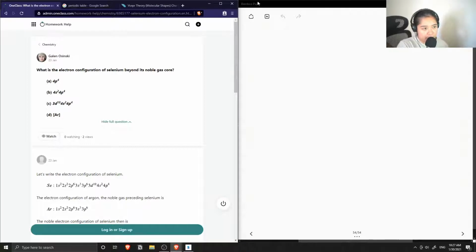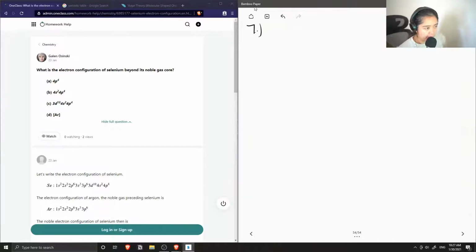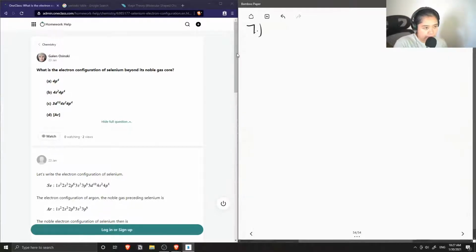Okay, so question number 7 is, what is the electron configuration of selenium beyond its noble gas core? Okay, so when writing out the electron configuration, we need to follow certain steps.